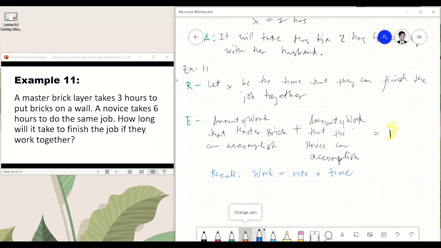Pero, makukuha mo yung rate by dividing 1 with the time needed to accomplish the job alone.